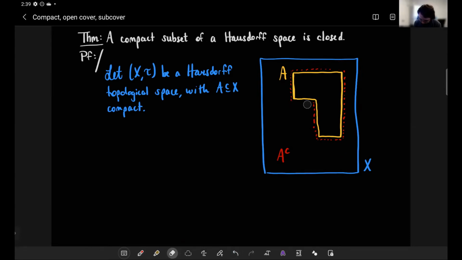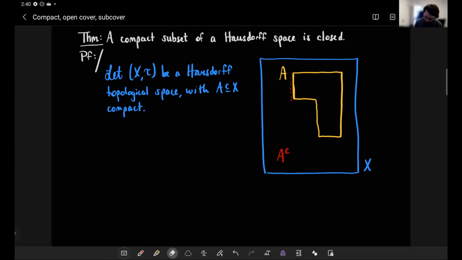So let's think about how we might prove that. If I want to show something's an open set, well, again, you might think that's kind of difficult. You might think, well, open just means it belongs to the topology. And what do I know about the topology? Not really anything besides the fact that it's Hausdorff. But there's another way to prove things are open.